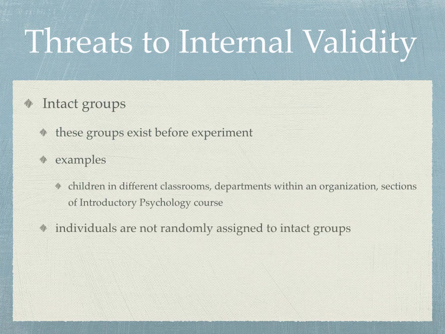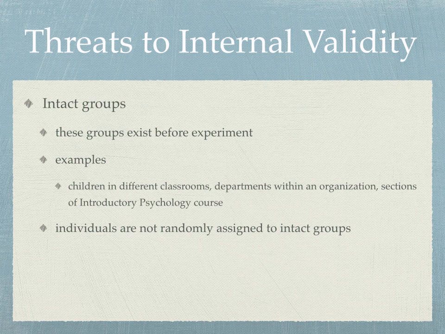We lose our ability to make these cause and effect inferences because these intact groups do not allow for random assignment. This can also be things like the other natural groups, male, female. We talked about schizophrenia versus non-schizophrenia. Any of those kinds of things are also intact groups as well.